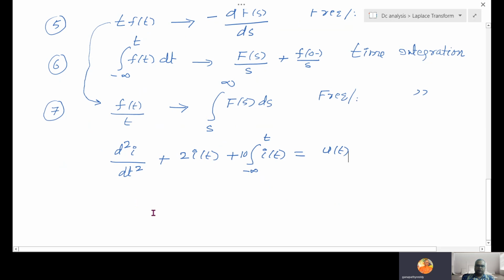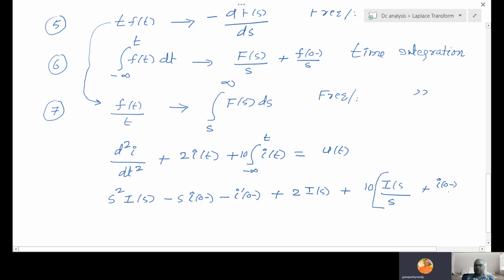So to apply Laplace transform, you have to take s square I of s minus s into i0 minus i prime 0, plus 2 I of s, plus 10 I of s by s, plus i0 minus by s, is equal to Laplace of u of t, which is 1 by s.